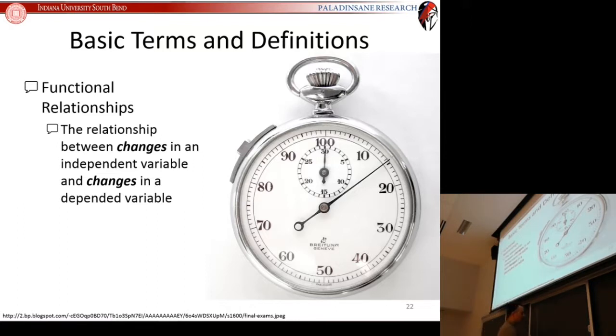So if you have time increasing in that way, and you have percent increasing that way, then the functional relationship between this independent variable of time and this dependent variable of percentage on an exam would be something like that, where increasing time is going to lead to increasing exam scores up to a point where added time is not going to do anything to improve the scores on the exam.